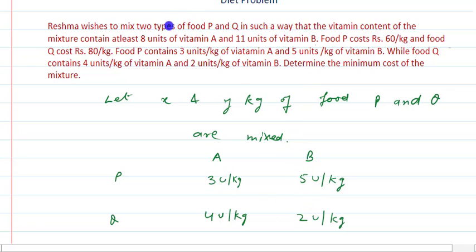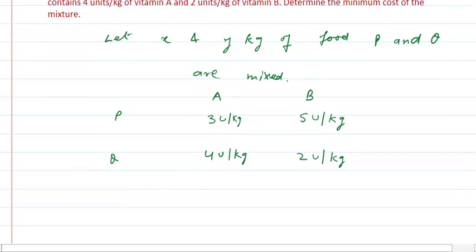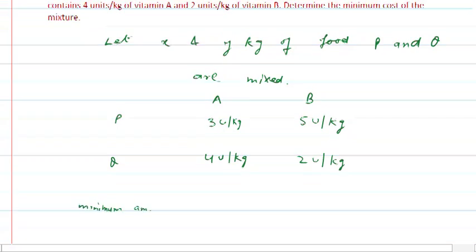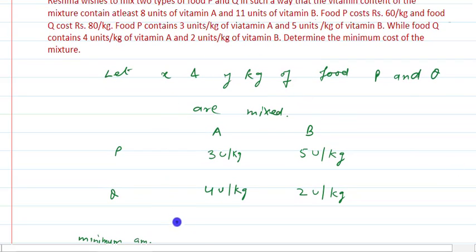So this is the table, and next we can take from here that mixture contain at least 8 units of vitamin A and 11 units of vitamin B. So minimum amount of vitamin A is at least 8 units. Minimum amount is 8 units over here and 11 units of vitamin B over here.